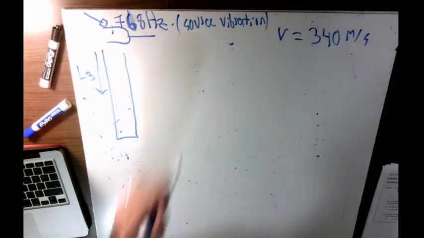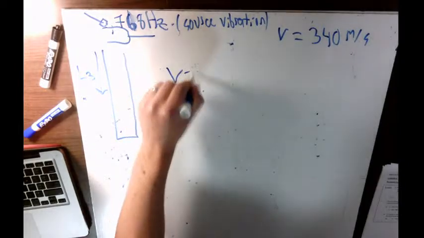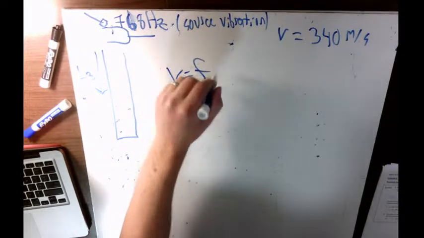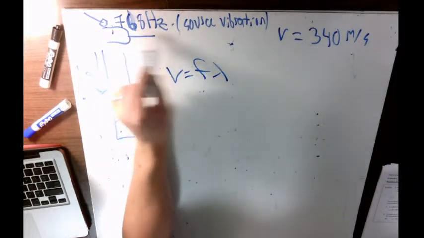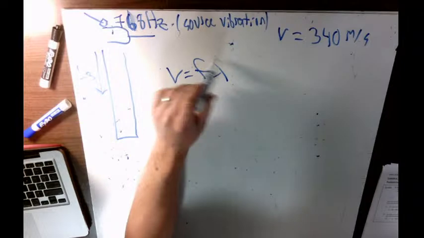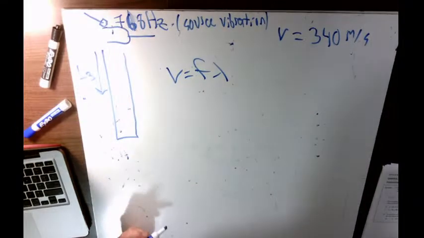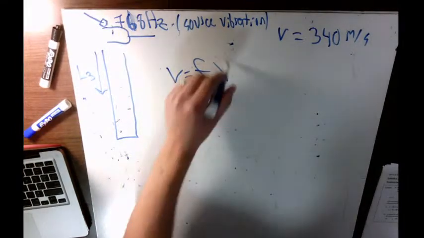So we're going to start with our universal wave equation because we have a frequency, we have a velocity, we can find a wavelength. So we're going to try to solve for wavelength here.